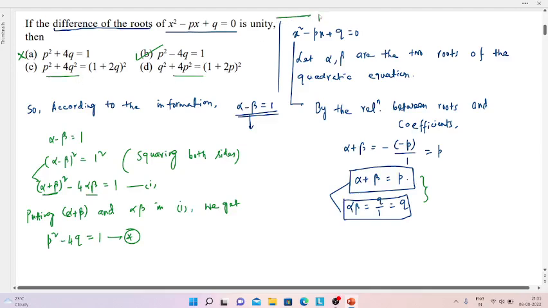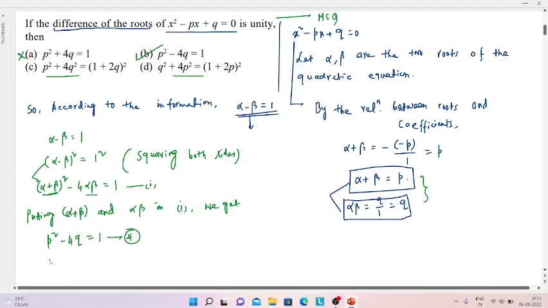This is actually an MSQ type question. You know what it means? MSQ means multiple select question. So this question has either one correct option or more than one option, right? So we are just trying to make this expression into either this form or that form.